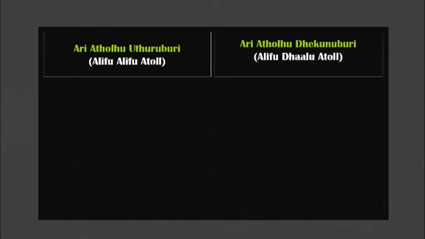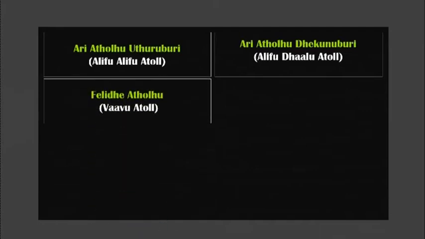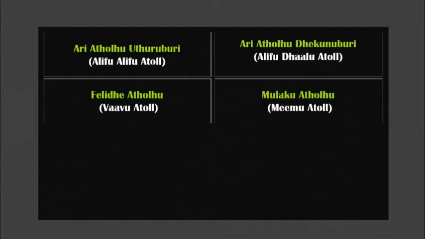Ariatolu Uturuburi is known as Alif Alif Atoll. Ariatolu Dekunuburi is known as Alif Dal Atoll. And the official name of Vav Atoll is Felidi Atolu. And the official name of Mim Atoll is Mulaku Atolu.